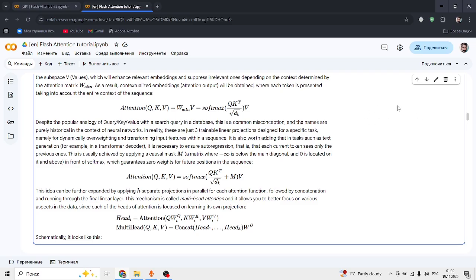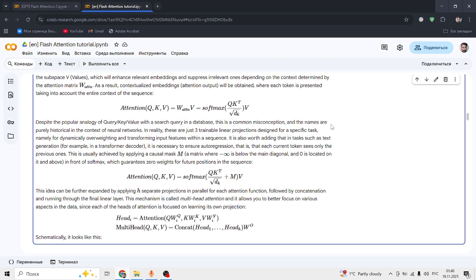But after transformations, we can transform the space, for example, like this, and one meaning will be here, another one will be there. This is the main reason why we use linear transformations. Then, using this attention matrix, we can get at the end contextualized embeddings by multiplying these weights by the initial embeddings.